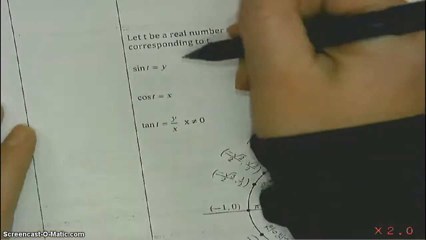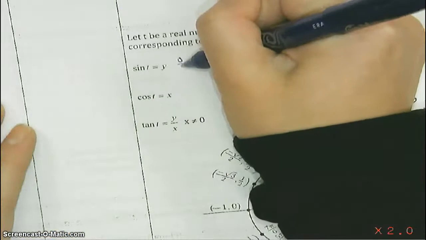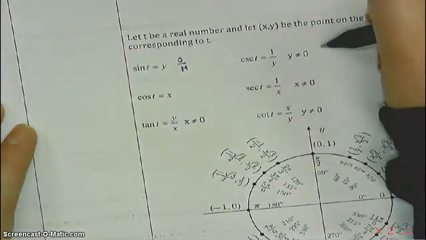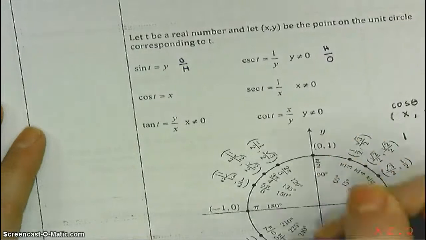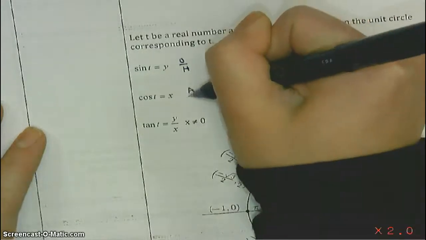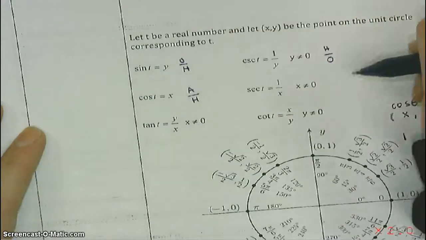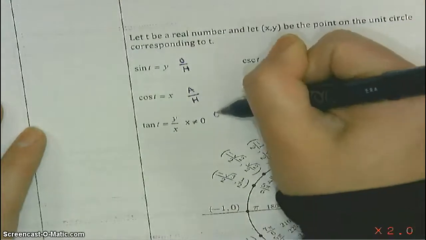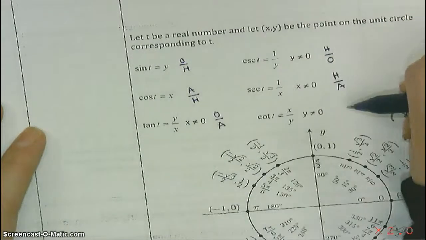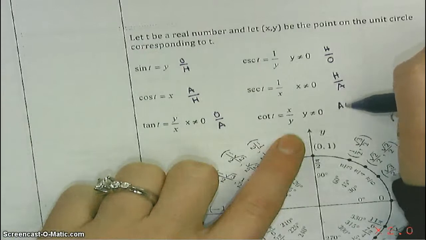For example, if sine is opposite over hypotenuse, then cosecant is the hypotenuse value over the opposite value. If cosine is the adjacent value over hypotenuse, then secant is the hypotenuse over the adjacent. And if tangent is opposite over adjacent, then cotangent is adjacent over opposite.